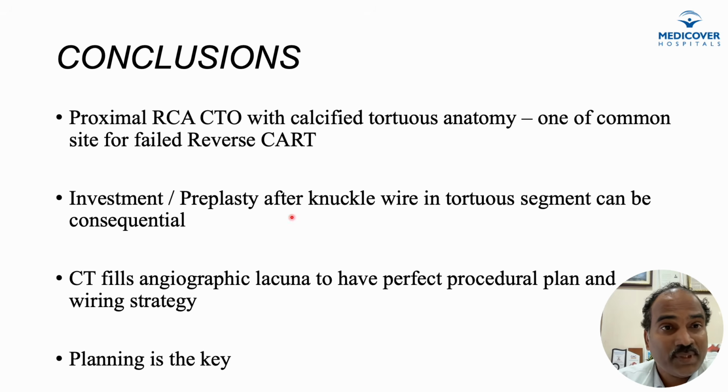And investment in preplasty after knuckle wire in a tortuous segment can be consequential. This is the first case of pseudoaneurysm which I have seen after an investment procedure. That can be attributed mainly to knuckling, both antegrade and retrograde, as well as the tortuosity of the vessel, and then preplasty, which I did with a 3.5 mm balloon.